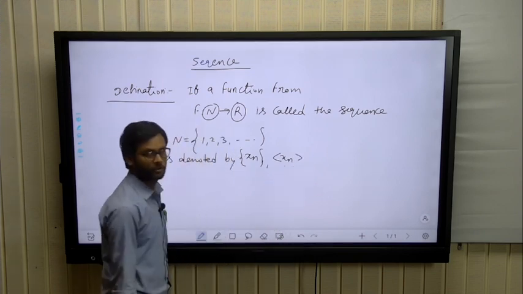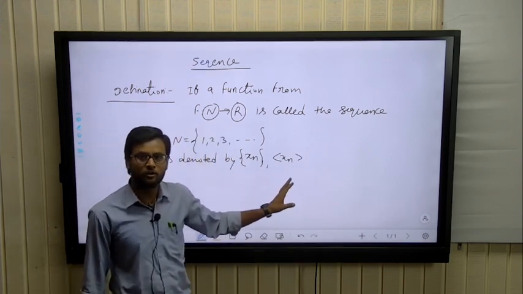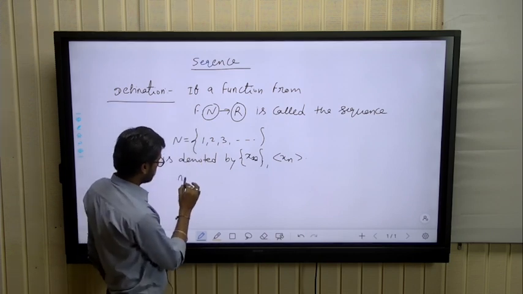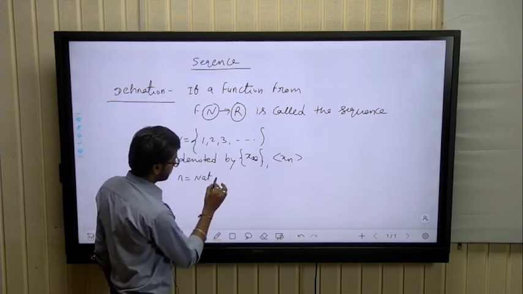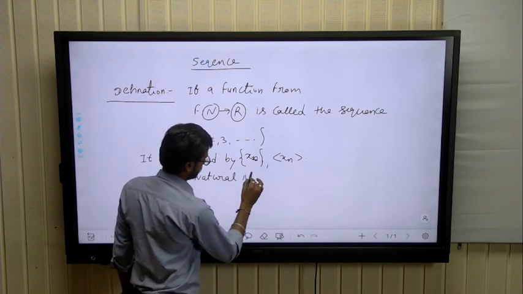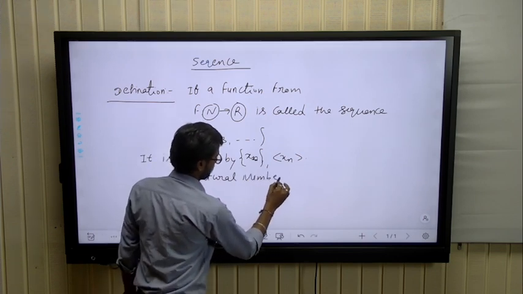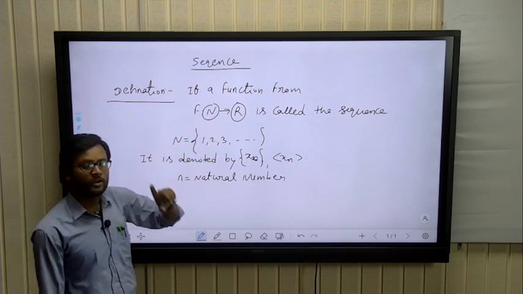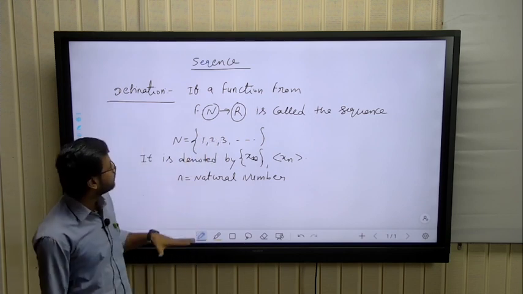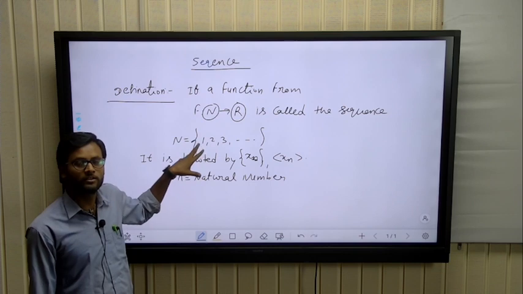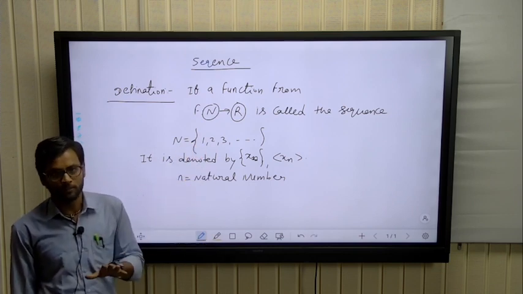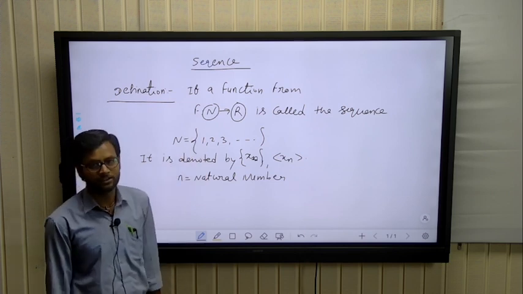So these are the notations of a sequence, where n is a natural number. This is the basic definition of a sequence, and the first thing we learn is that the domain of the function is the natural numbers. We do not use any other set of numbers, we only use the set of natural numbers.